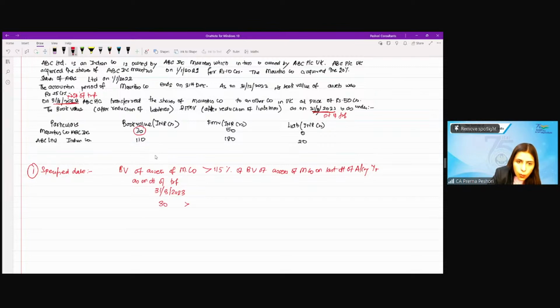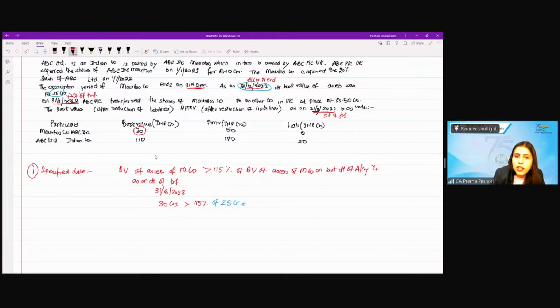Whether it exceeds 115% of the value at the accounting year end, 31st December, right? 31st December 2022 को book value कितना दिया हुआ है? So this is my accounting year end, right? So what is the value? It is 25 crores. So whether it exceeds 115% of 25 crores.